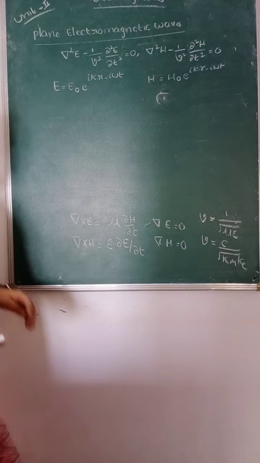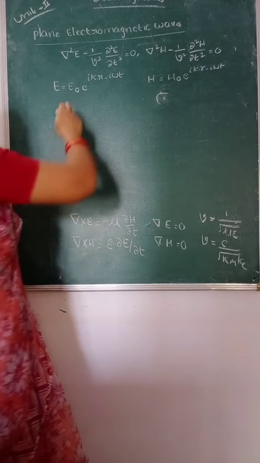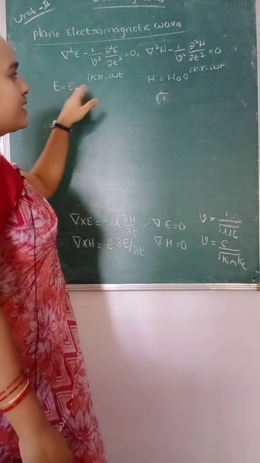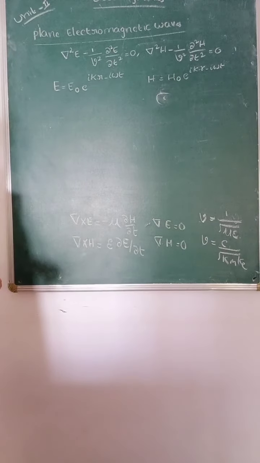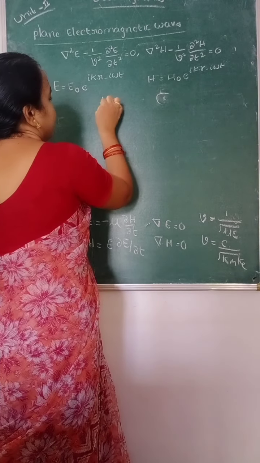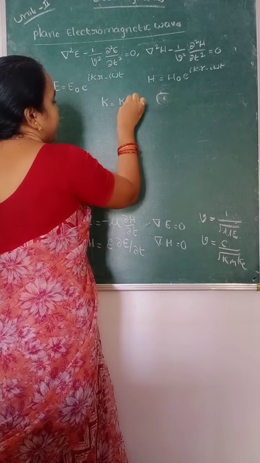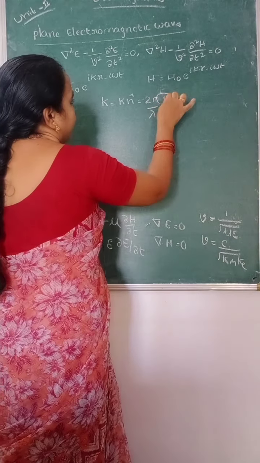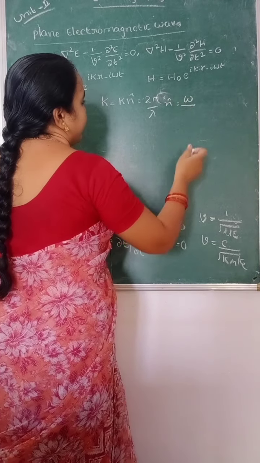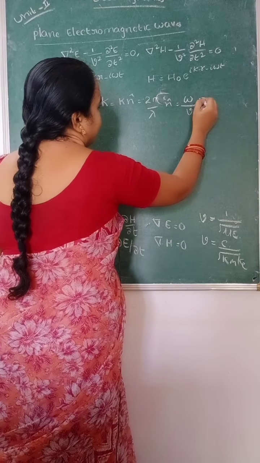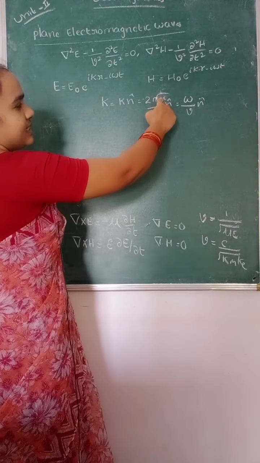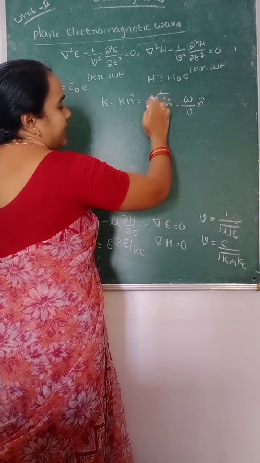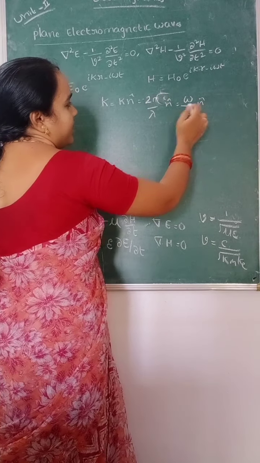Since these two are the solutions for the above two equations, here E naught and H naught are the complex amplitudes of the wave, and K is the wave vector given by k into n cap. k is nothing but 2 pi by lambda into n cap. 2 pi by lambda is written as omega by V, where lambda is equal to V by frequency, so k is the angular frequency omega by V into n cap.